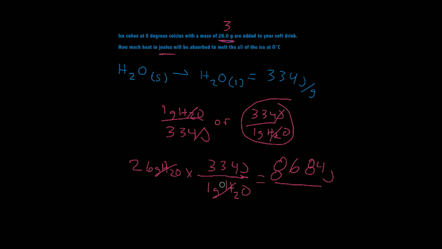You can write this in a couple different ways. It's going to depend probably mostly on how your professor wants to see it. You could write it as 8,680 joules, or you could write it in scientific notation as 8.68 times 10 to the, what would that be, 3? 1, 2, 3.